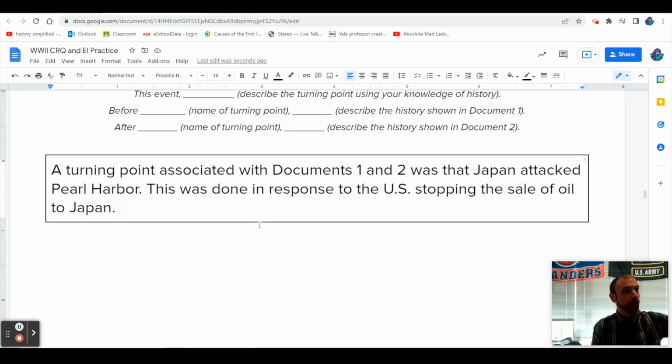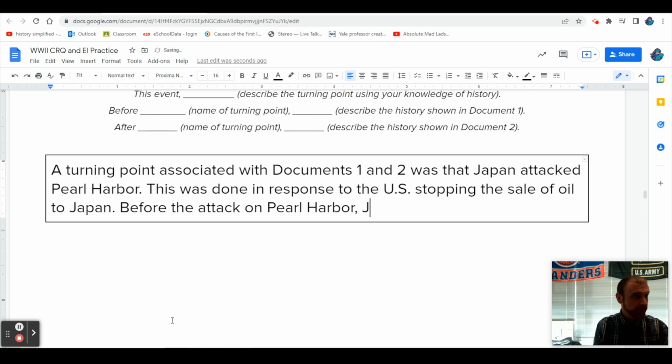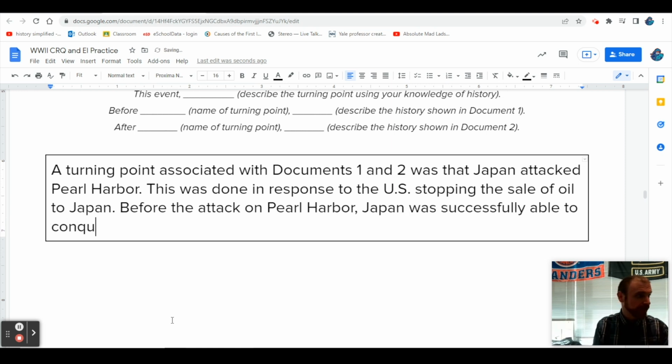So before blank, name of turning point, and then the second blank, describe the history shown in document number 1. We're just going to summarize again. Before the attack on Pearl Harbor, Japan was successfully able to conquer additional territory in Asia.